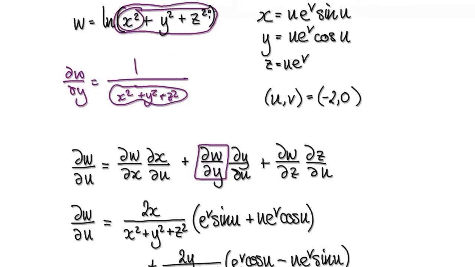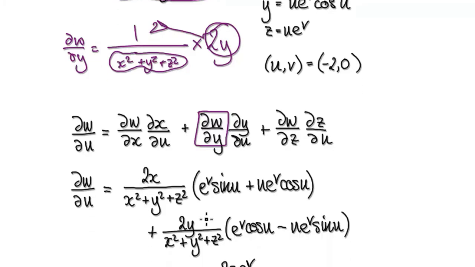This is a constant, this is a constant, and this is the only variable here, so that would be times 2y, and then this gets multiplied to the top, giving you this.